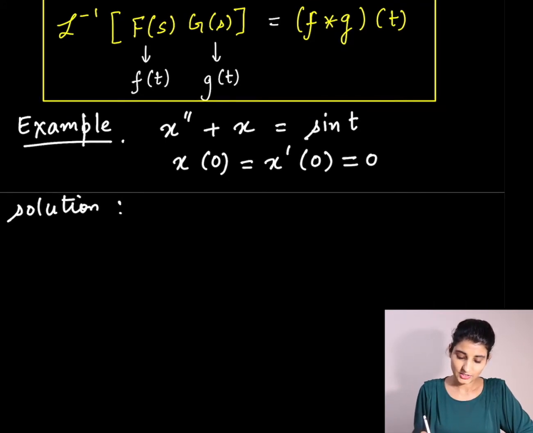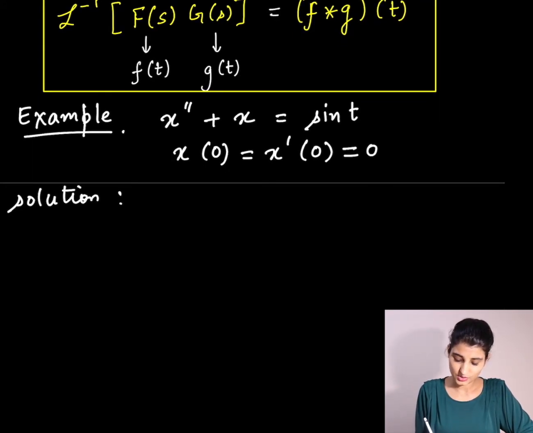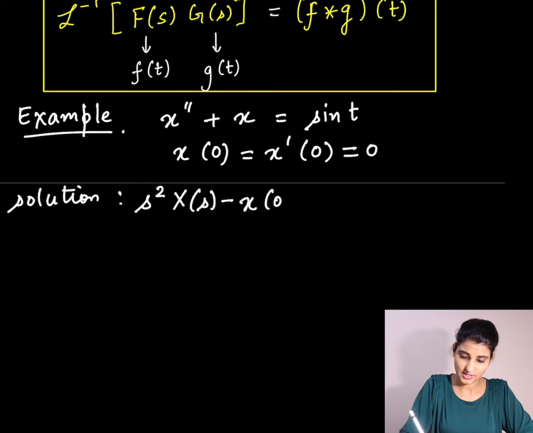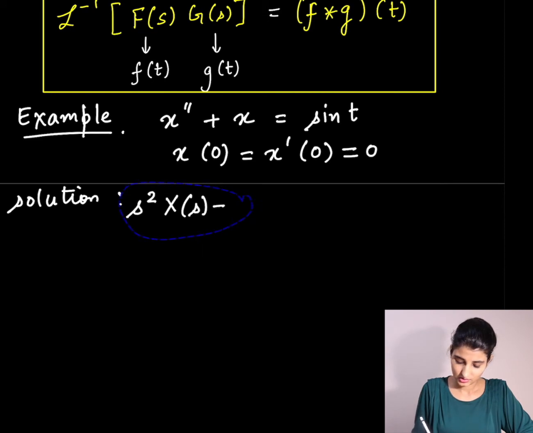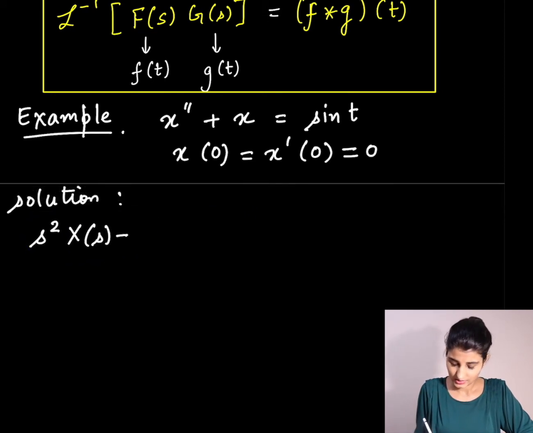So we take the Laplace transform. For x double prime we have s squared X(s) minus s times x(0) minus x prime(0).